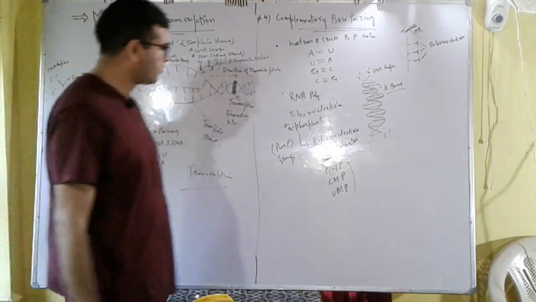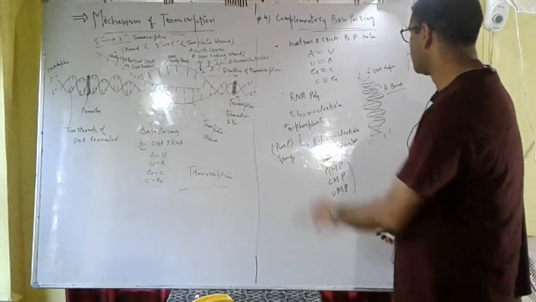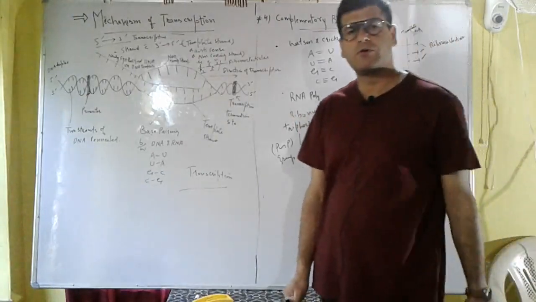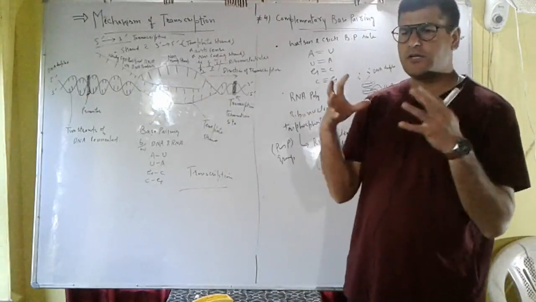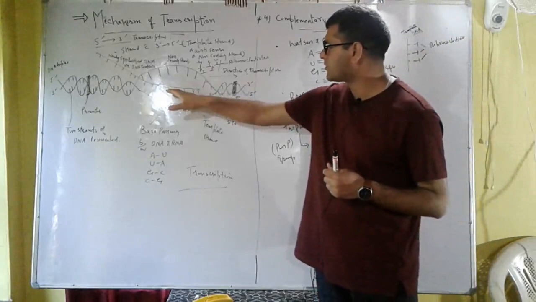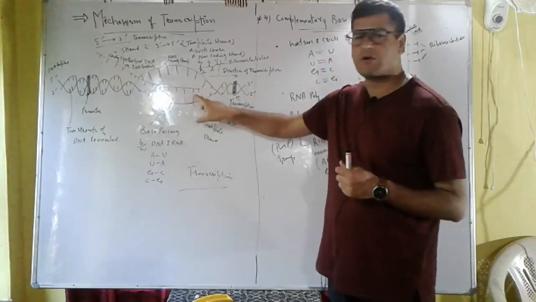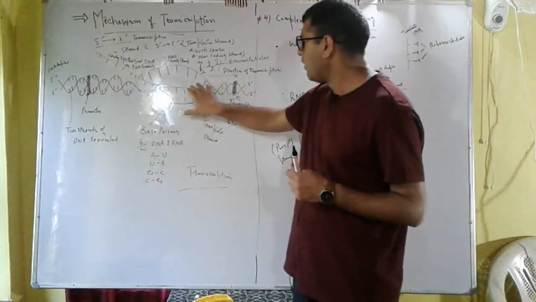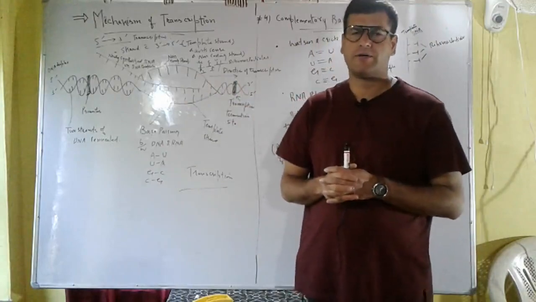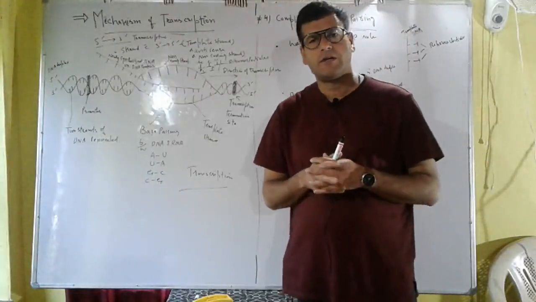So we were discussing these ribonucleotide triphosphates. They join to the DNA bases according to the Watson-Crick base pairing rule. After that, these ribonucleotide triphosphates release their pyrophosphate group and get converted into ribonucleotide monophosphates.